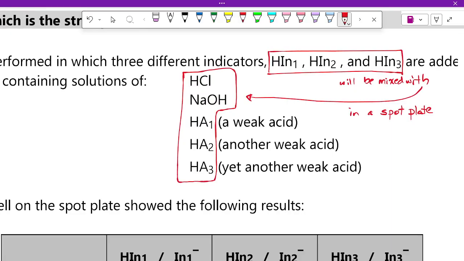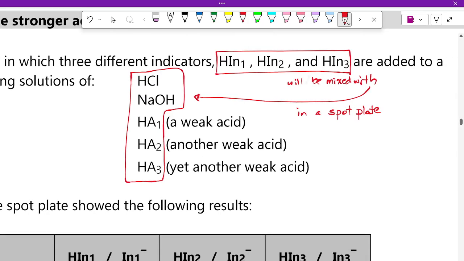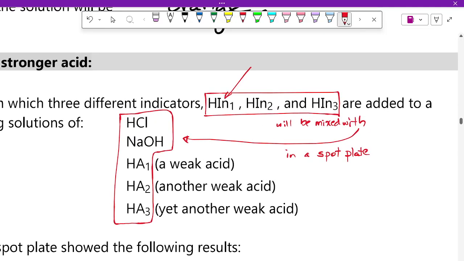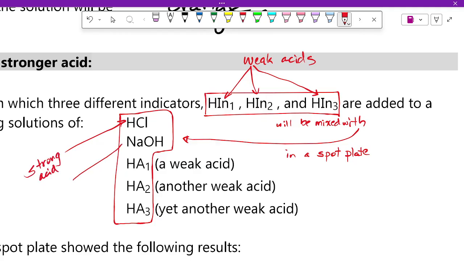HA1 is a weak acid, HA2 is a weak acid, HA3 is a weak acid. HIN1, HIN2, and HIN3, what type of acids are those? Weak acids. HCl is a strong acid. And NaOH is a strong base.